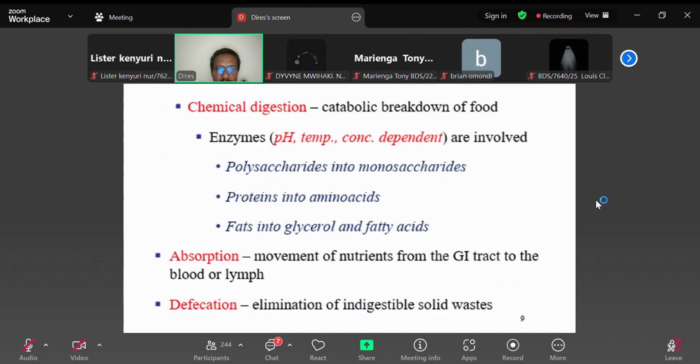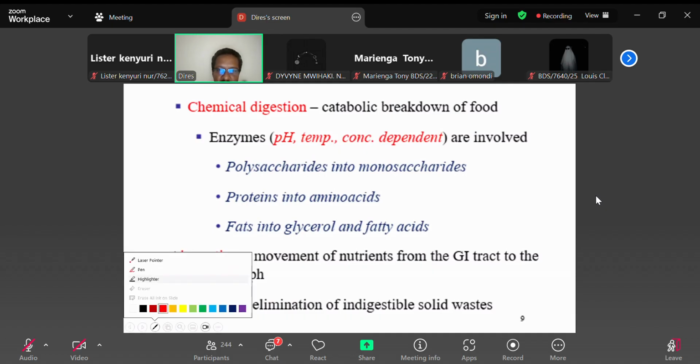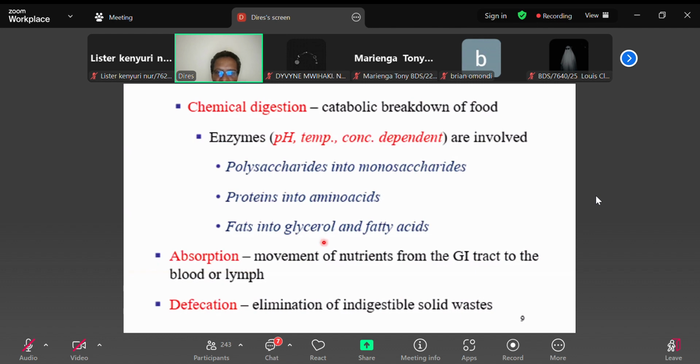Well, after this digestion, which is chemical and mechanical, the end products of digestion, like monosaccharides, amino acids, and fatty acids, are absorbed via blood and lymph, circulate and reach most body tissues for consumption.